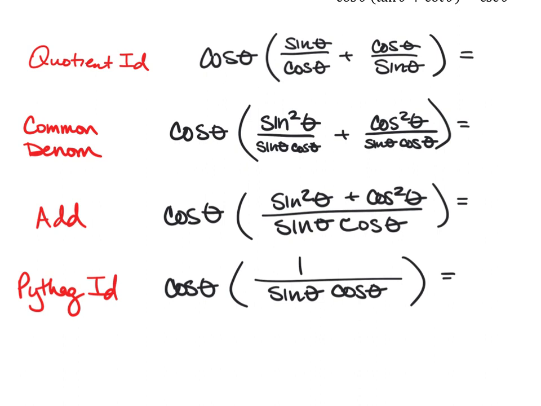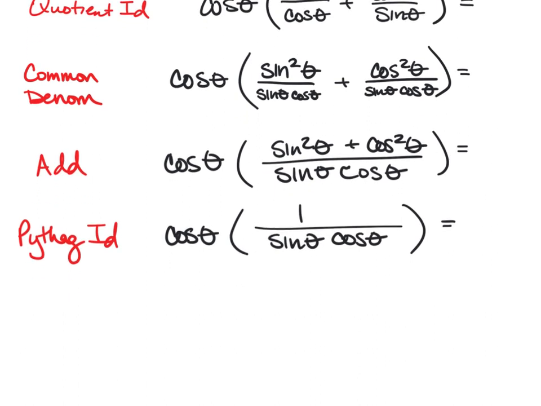Now let's distribute, because it's even simpler. When we distribute this cosine, okay, this can be multiplied by 1. That means I'm going to have cosine of theta over sine of theta cosine theta.